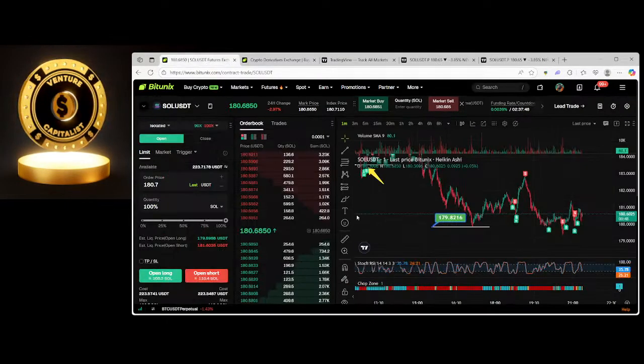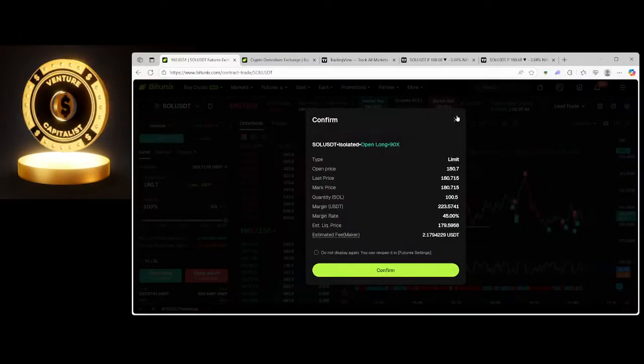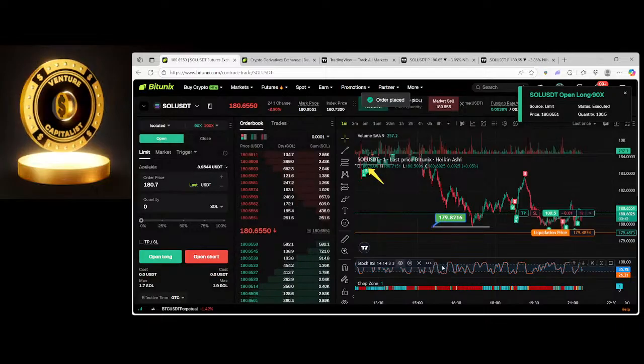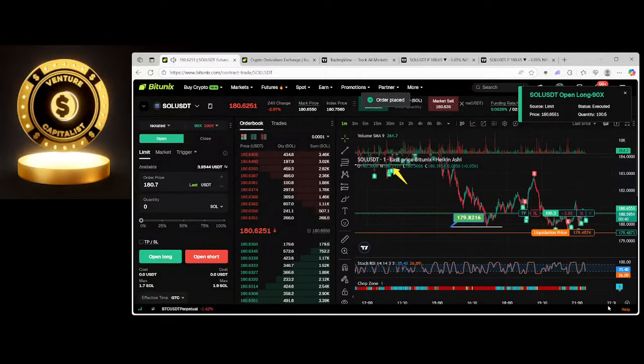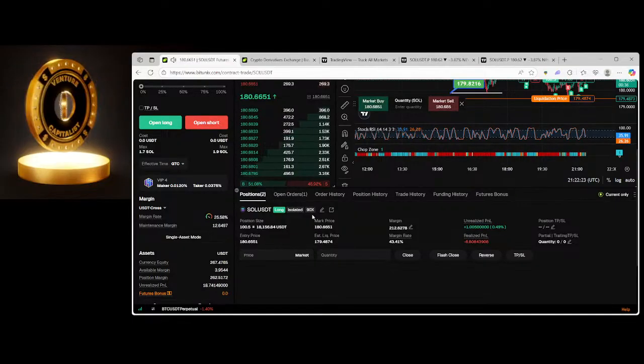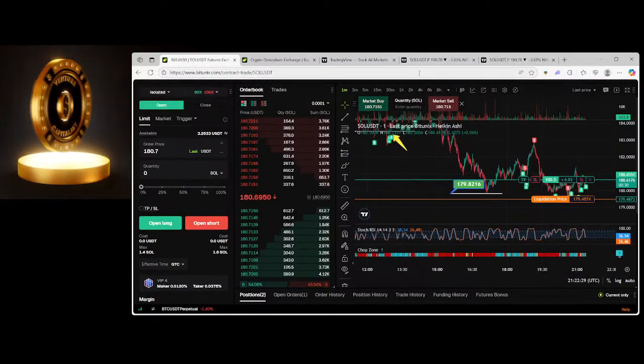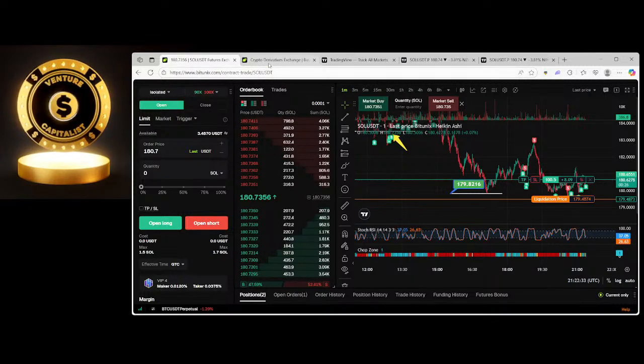Okay, now I'm going to head over here. This is a little bit different. This is where we're going to be making our high leverage trade, and we're going to do 90x, and we're going to ride this up here because we're pretty sure that the original thought here was that we were long on Solana.